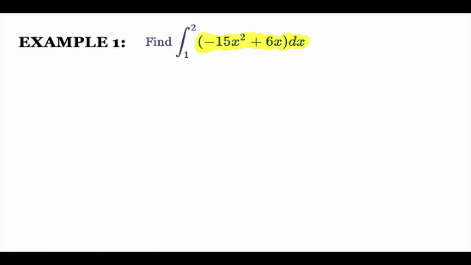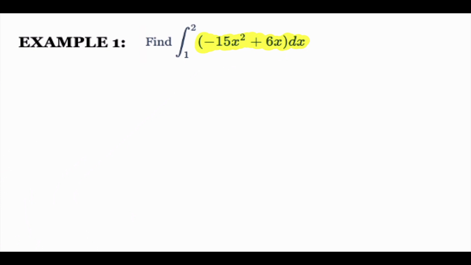I need the antiderivative. So how do I find the antiderivative for that? You did it on your quiz. This is not new. You did it for your homework. How do I find the antiderivative of the yellow?